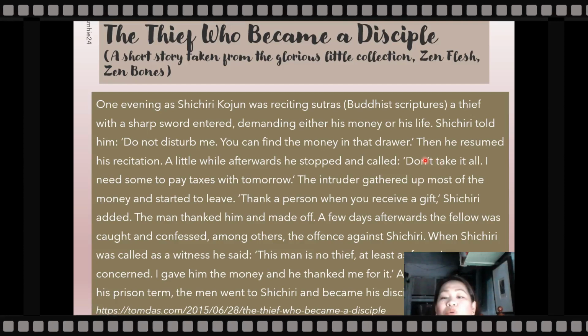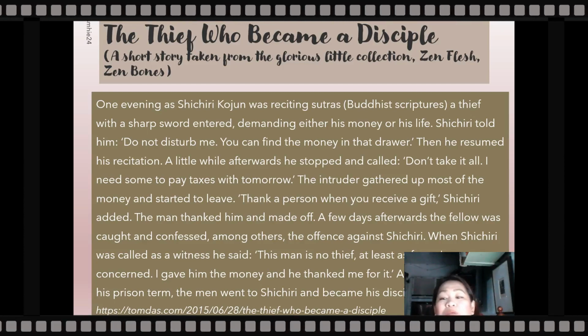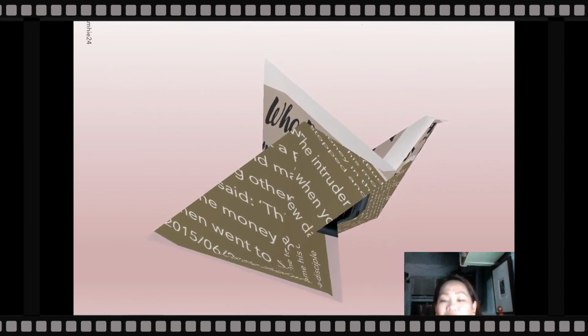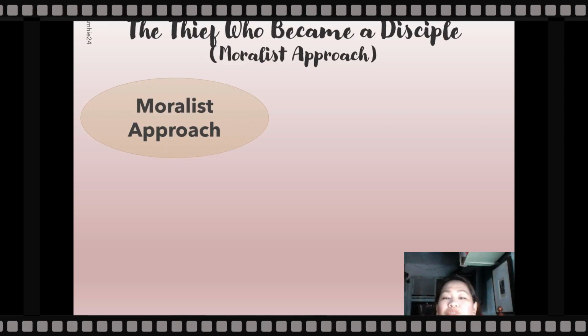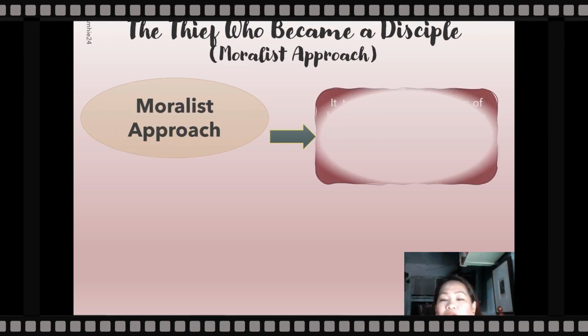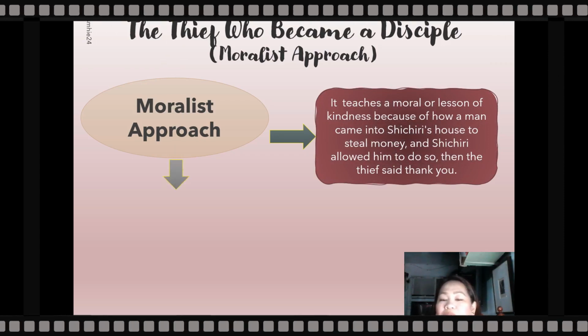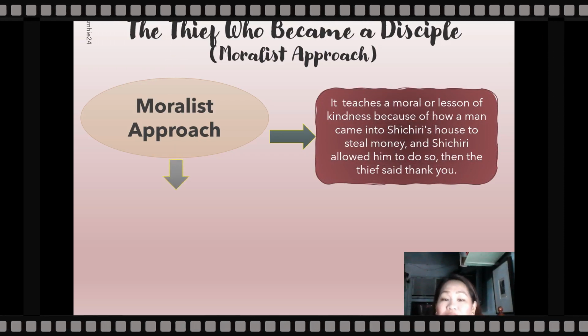So, what literary approach can be applied in this particular story? Alright, so that is what we call the moralist approach. Now, we are going to dig deeper into the understanding of the story. Why do we call it the moralist approach?